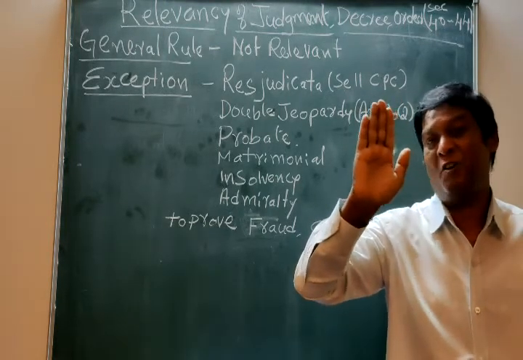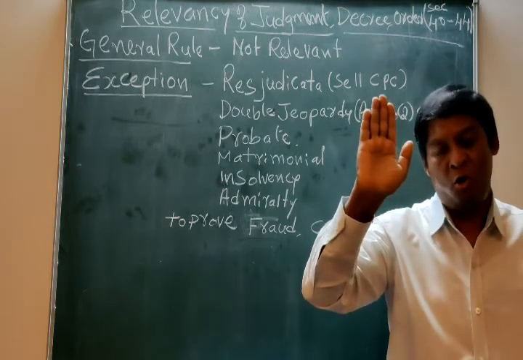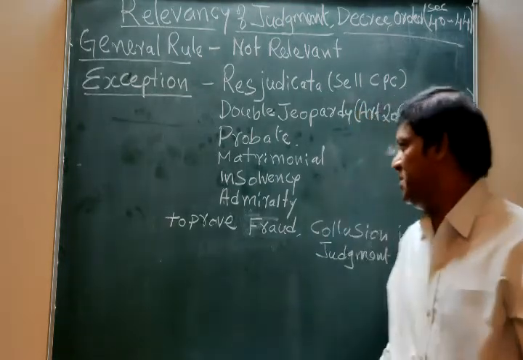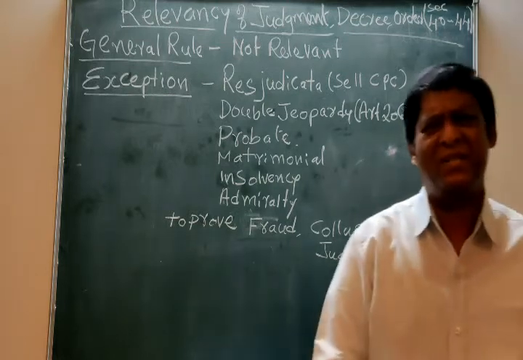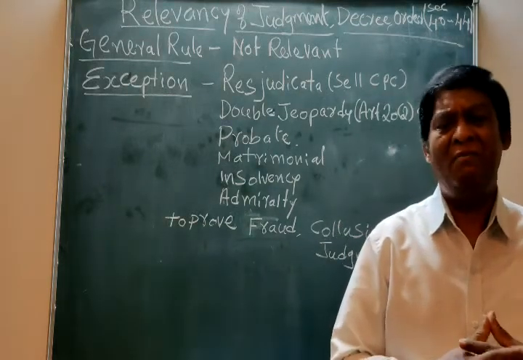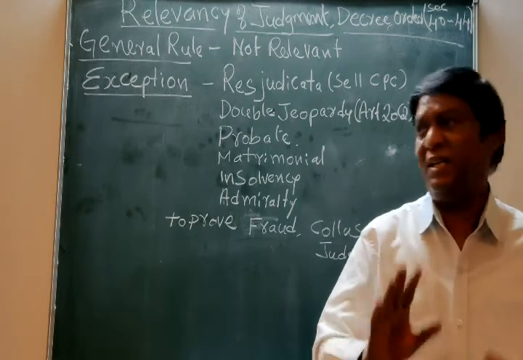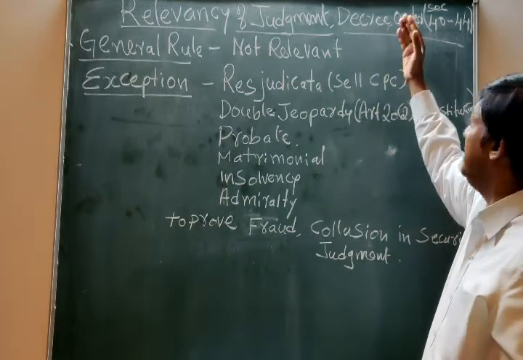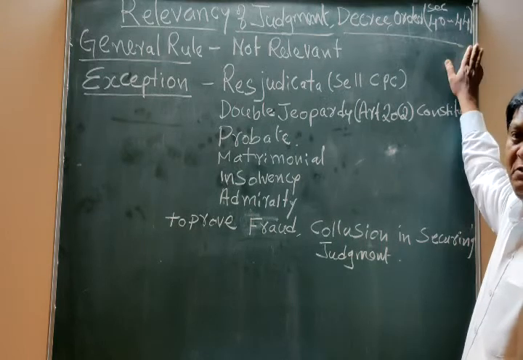This is the proof of fraud, collusiveness on the part of the court and also the advocates. Okay, so until this, you write about 4 pages of answer, with simple illustration, right? So this is enough about relevancy of judgments, decrees, orders, section 40 to 44.